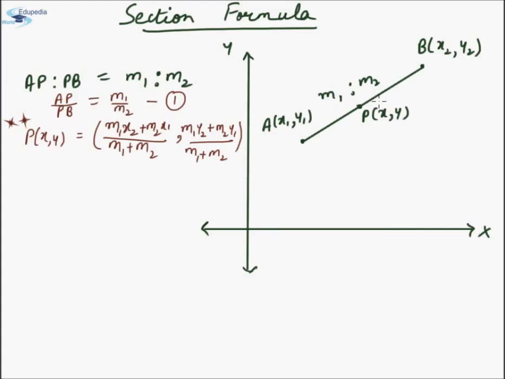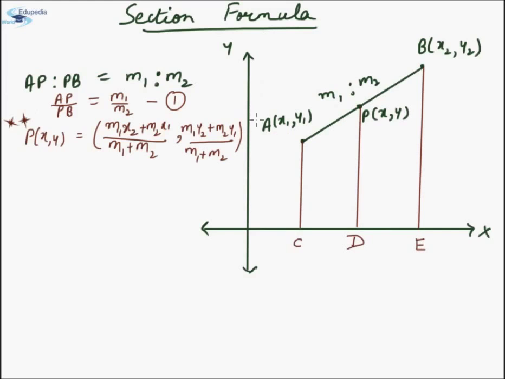Now let us draw some lines parallel to the y-axis from A, P and B. Let us label these lines as AC, PD and BE.